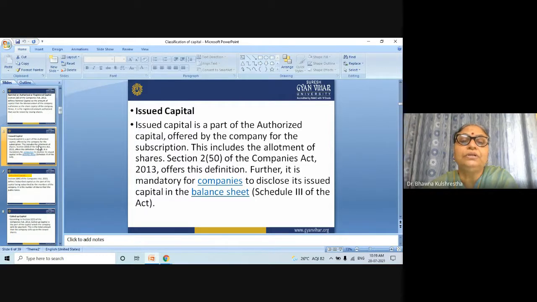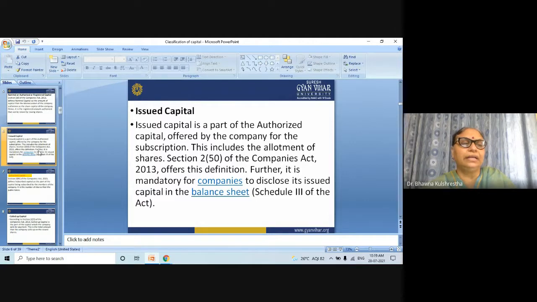Section 250 of the Companies Act 2013 offers these definitions. Further, it is mandatory for companies to disclose their issued capital in the balance sheet, Schedule III of the Act.